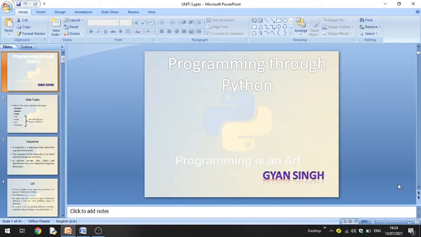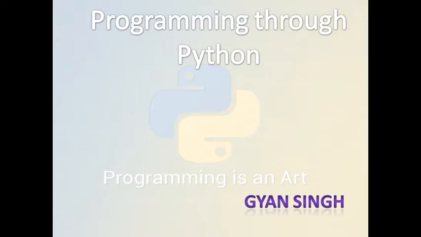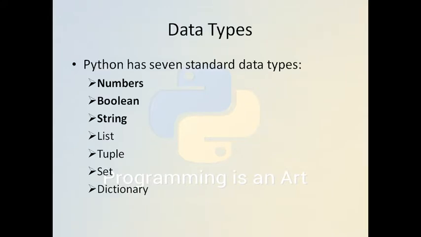So, let me start. As you can see on the screen, in the last lecture we covered the list, tuple, and set data types. These are the Python sequences, and one we have still not covered is the dictionary.